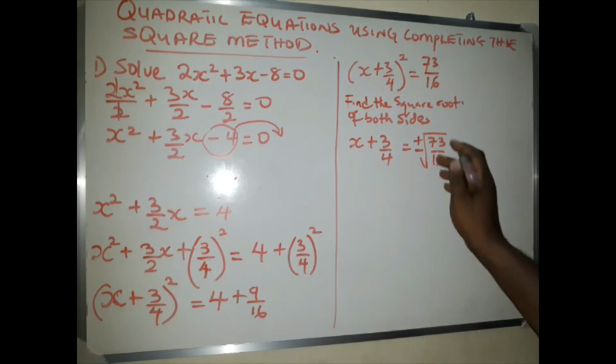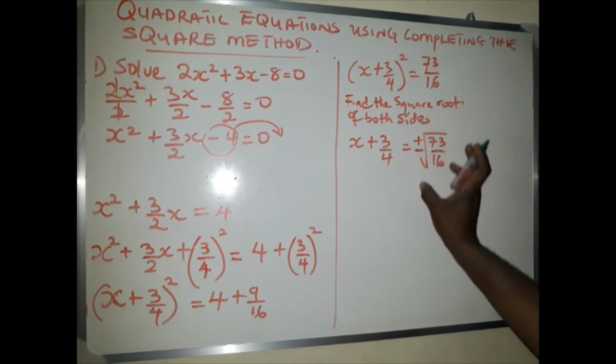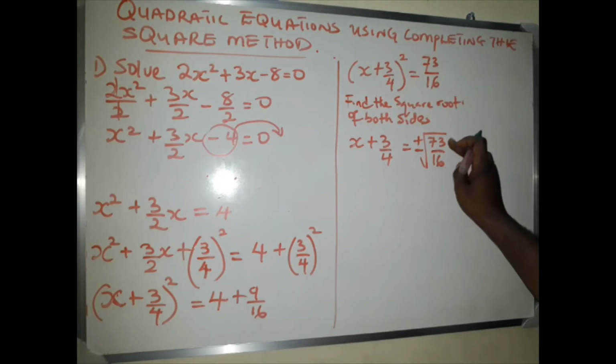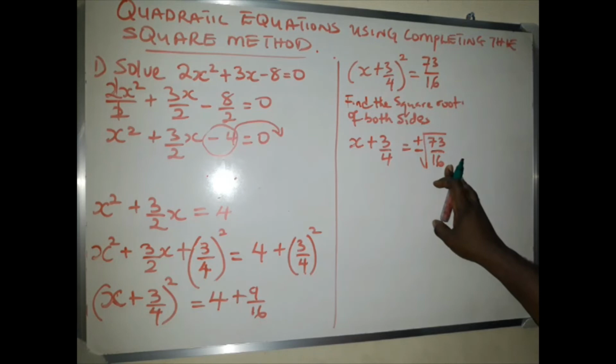So now, let's look at the right hand side for a bit. You can see that in the right hand side, we have the square root of a fraction. The numerator here doesn't have a square root because 73 doesn't have any square roots. But the denominator has a square root. Why? Because 16 has a square root of 4.